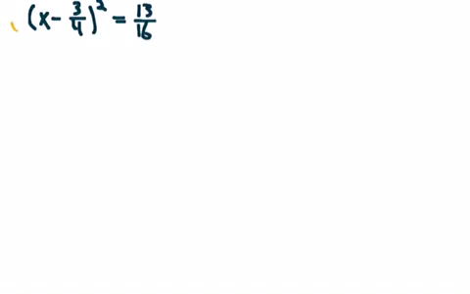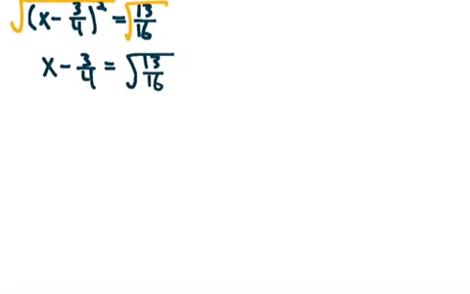Now we take the square root of both sides to get rid of the square, and we end up getting x minus 3 over 4 is equal to the square root of 13 over 16. Now we add 3 over 4 to both sides, and we end up getting x.